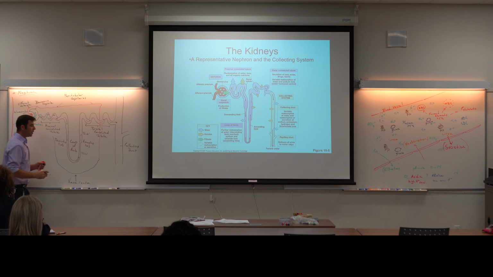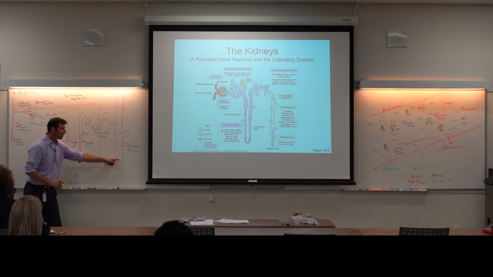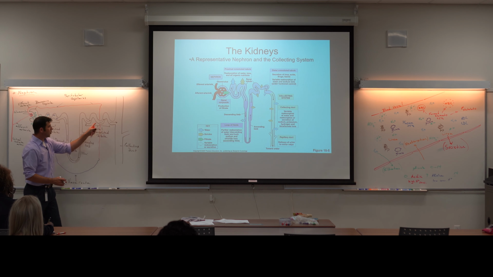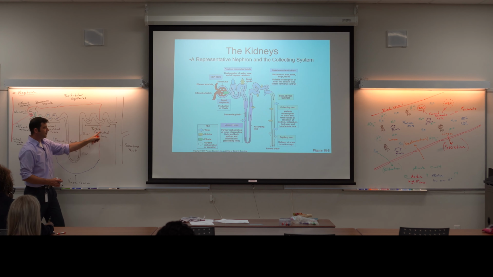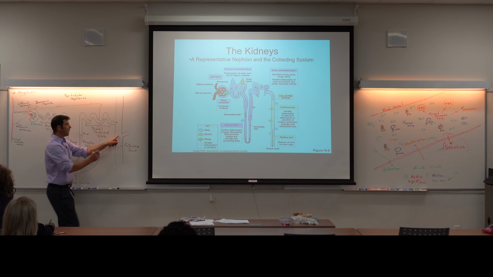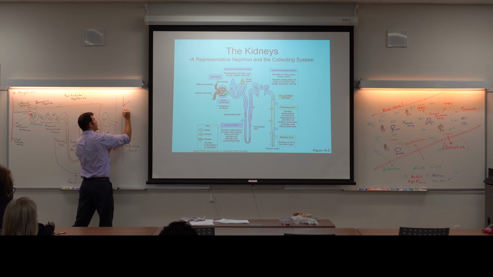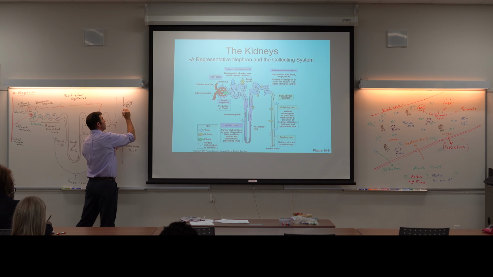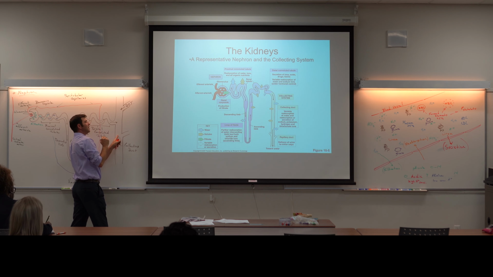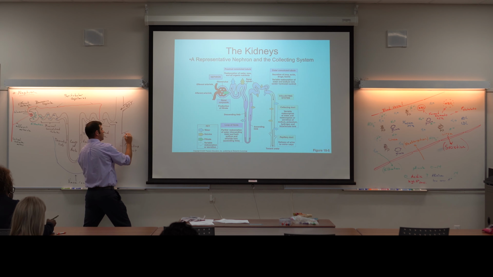What I want to point out here is this collecting duct. Collecting ducts are shared by multiple nephrons. So you can see we've drawn a distal convoluted tubule taking its filtrate into this collecting duct. And I can even add another one up here, this would be a distal convoluted tubule from a totally other nephron that we didn't draw on here, dropping its filtrate into this collecting duct.